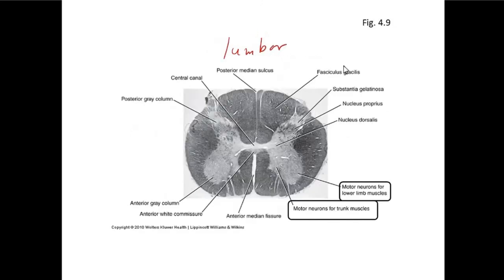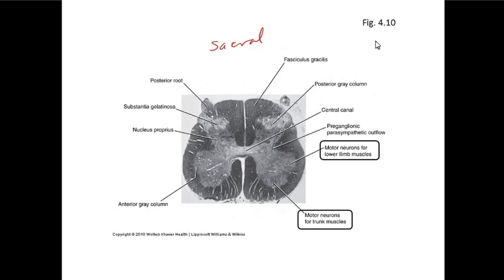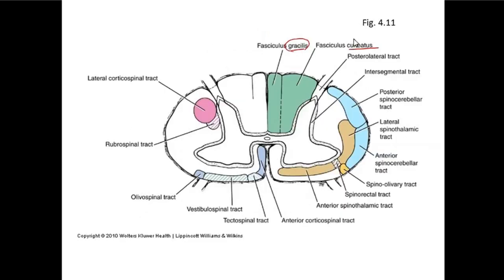What the gracilis does, it carries proprioceptive information for the lower trunk and lower extremities.